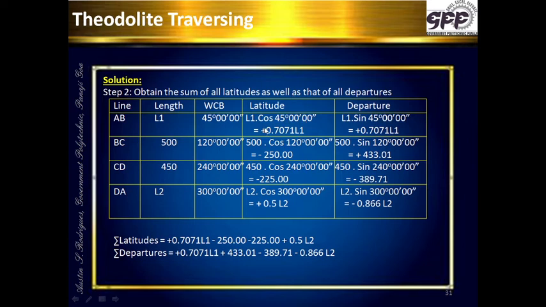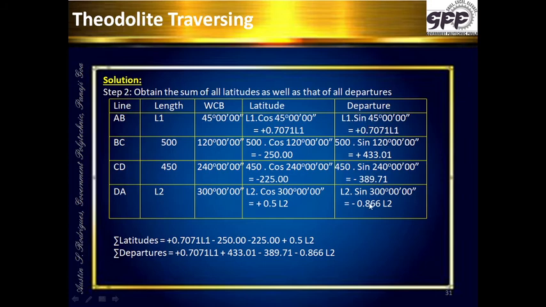So this value plus this value plus this value plus this value will give me the sum of latitudes. So the sum of latitudes is 0.7071 L1 minus 250 minus 225 plus 0.5 L2.